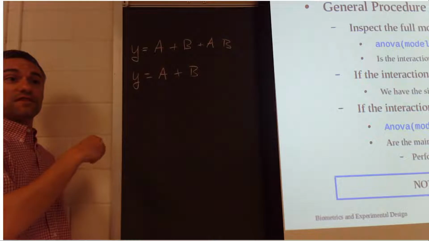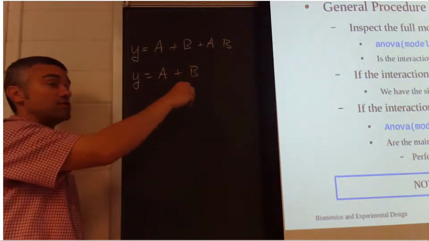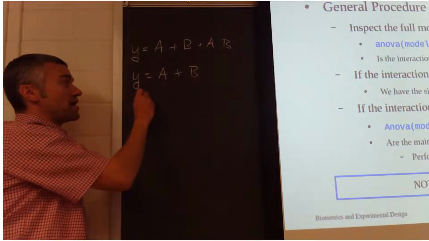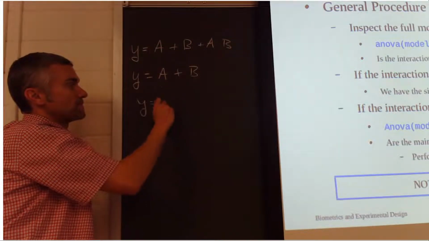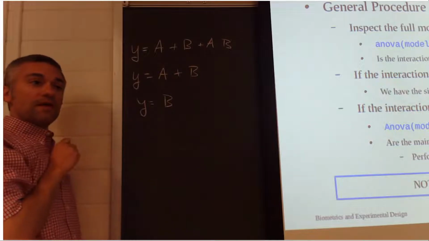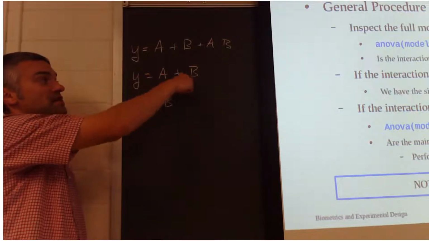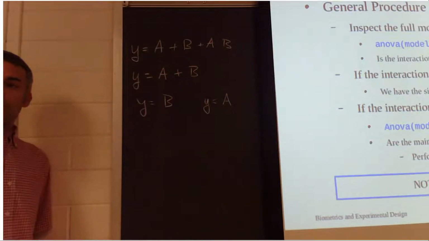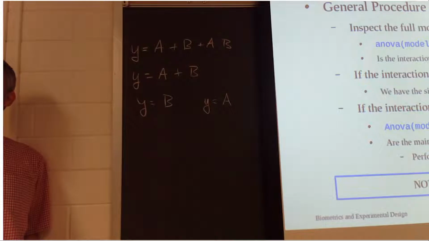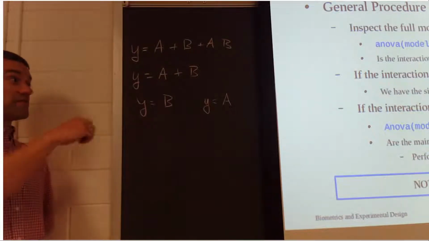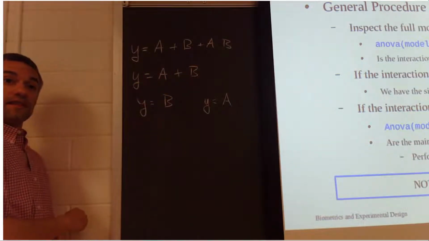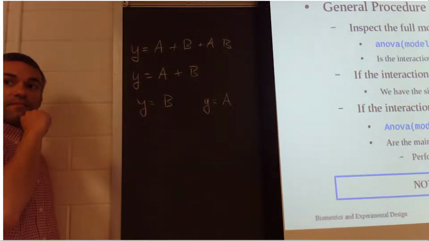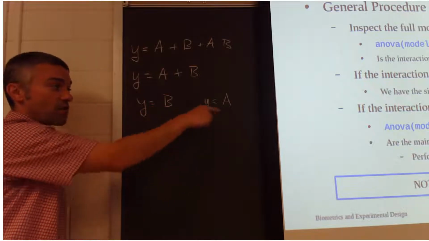All right. If we have a situation where on that type 2 table B is significant but A is not, then we drop A. And we look at that model. If A is significant but B is not, then we drop B from our model. If neither of them are significant, then we drop the one that has the largest p-value and look at that lower model.